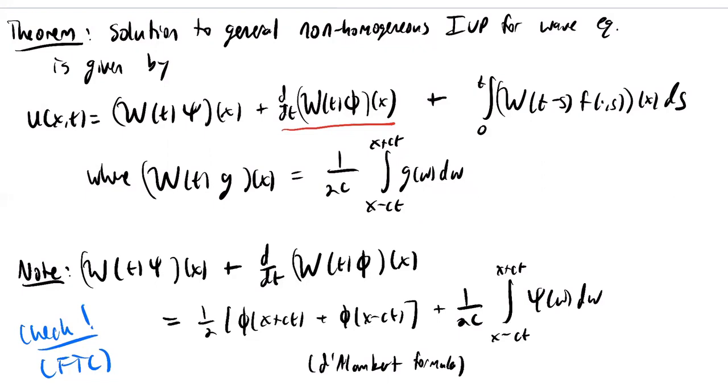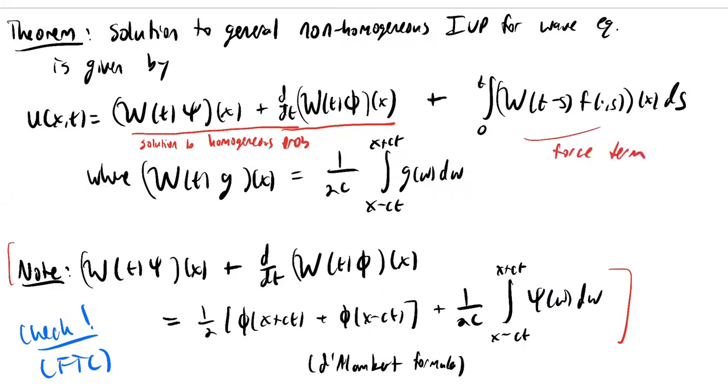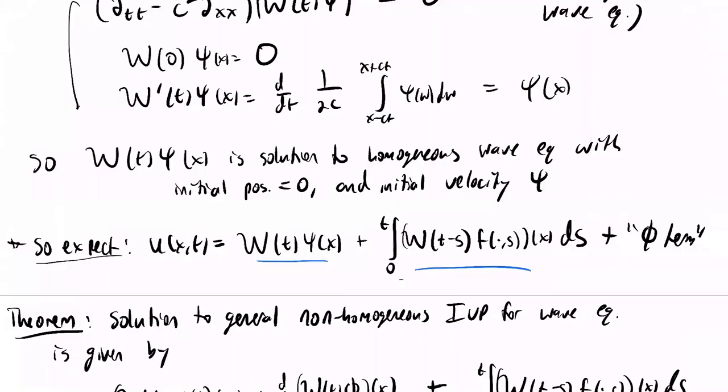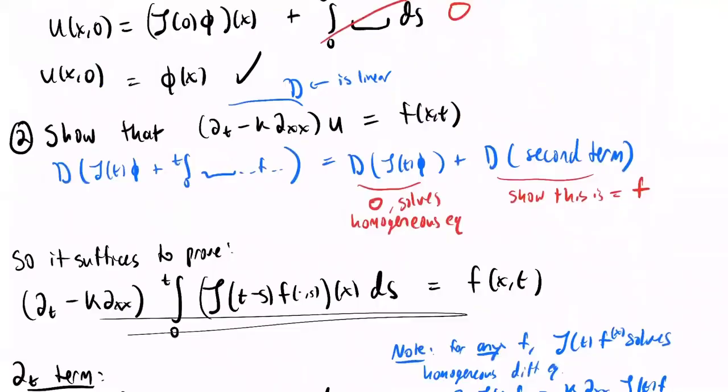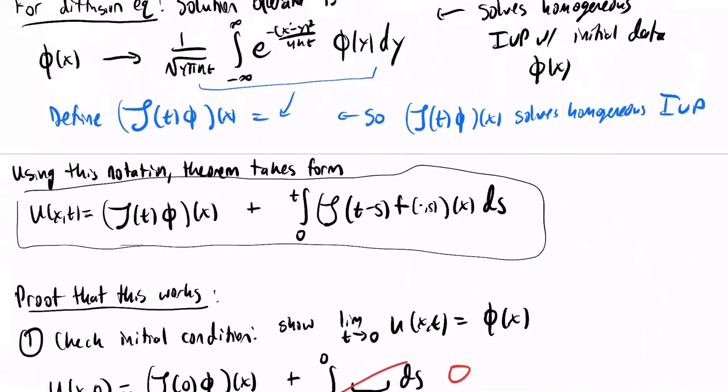Assuming this claim is correct, which it is, the first two terms here are the solution to the homogeneous problem. And then over here we have the force term corresponding to f with the same solution operator. The formula looks exactly like the formula for the diffusion equation, where we had the homogeneous term and then the outside force term.